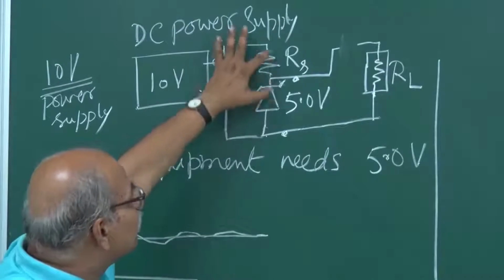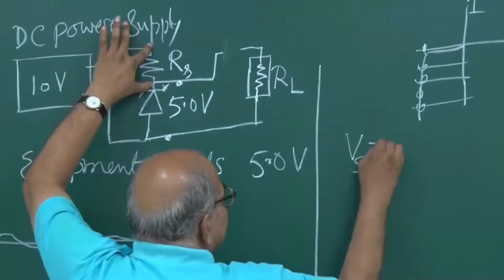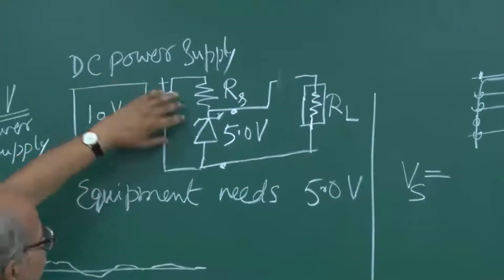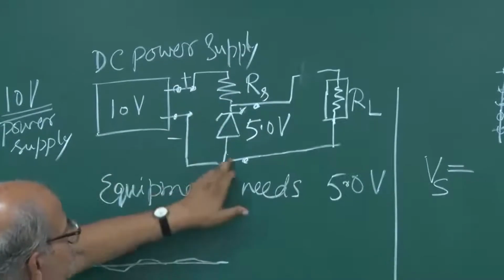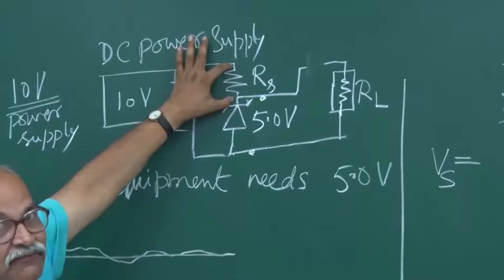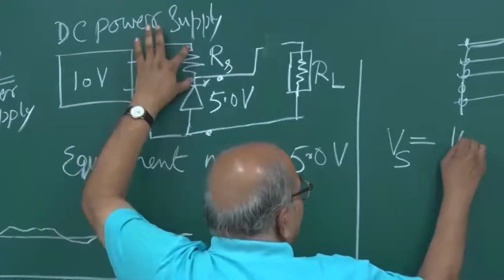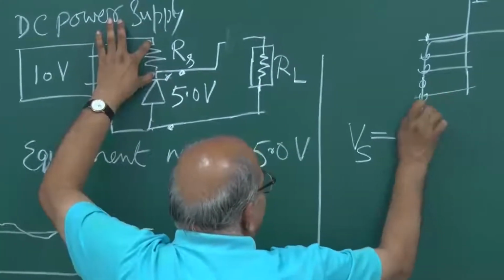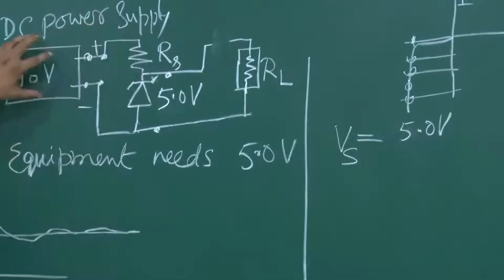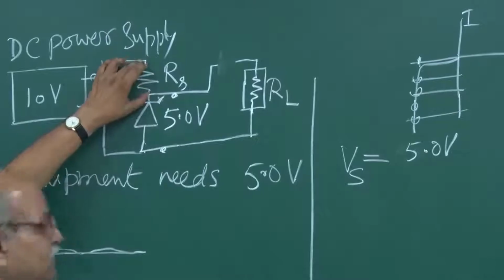So what is the voltage on RS? Let me write it Vs. If I take this as 0, this will be 5 volt, and this is 10 volt. So the drop is 5 volt on this RS also. This is 10 volts minus this 5.0 volt, that is 5. Let me write it 5.